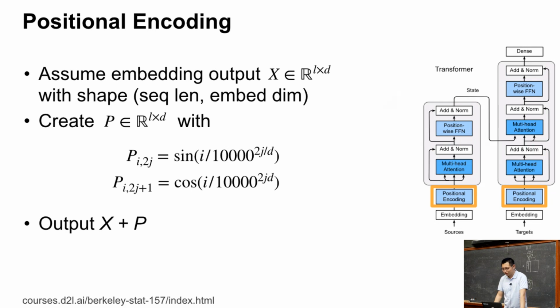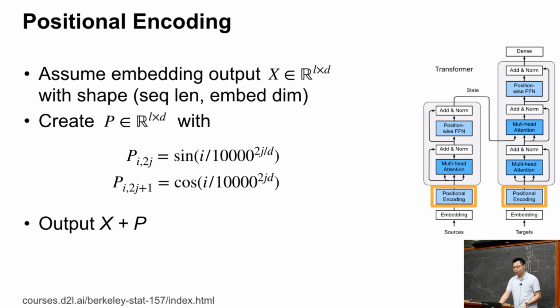The last one is called positional encoding. The idea is that all of this add norm, position-wise FFN and multi-head attention doesn't take care of the sequential order. We want to add something there. So the positional encoding adds something into the encoding output, adding the time information. Assume the embedding matrix is X, L is the sequence length, and D is the feature dimension of the embedding.